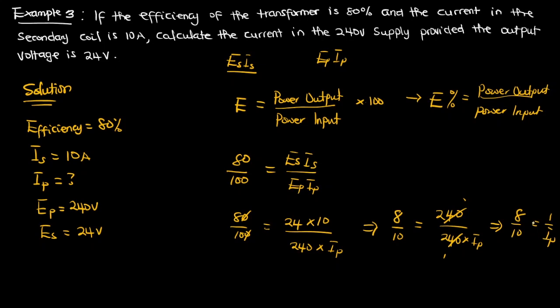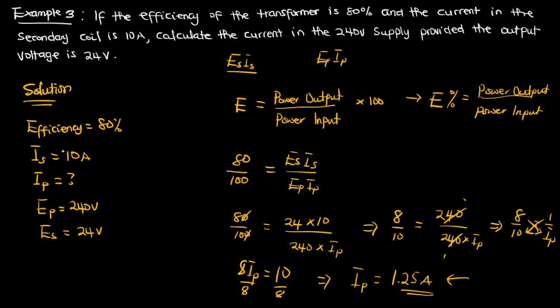So we cross multiply: 8 IP is equal to 10, which is 10 multiplied by the 1 at the top. We divide both sides by 8, so IP is equal to 10 divided by 8, which gives us 1.25 amperes as my answer.